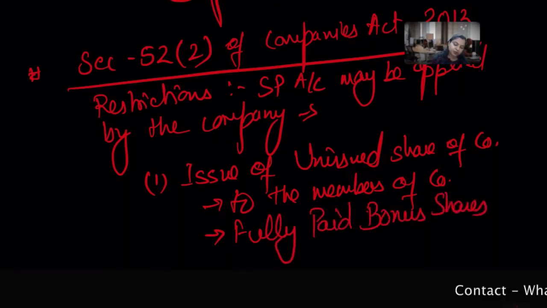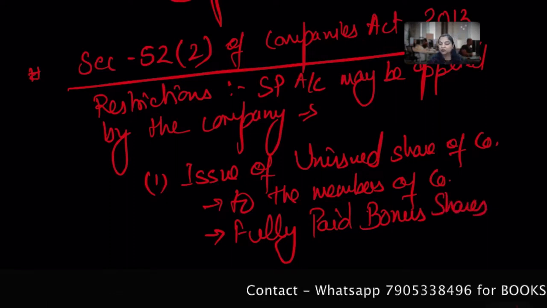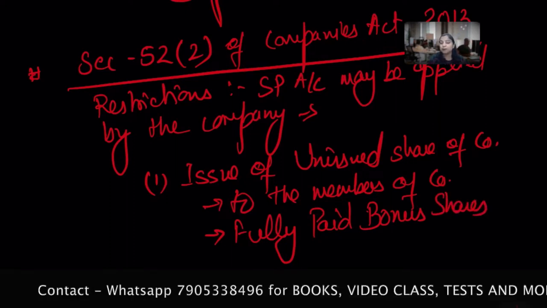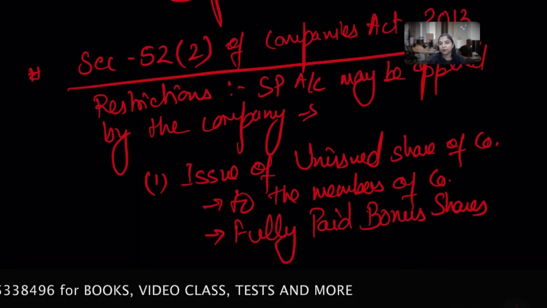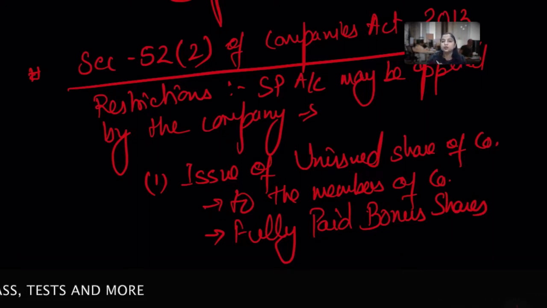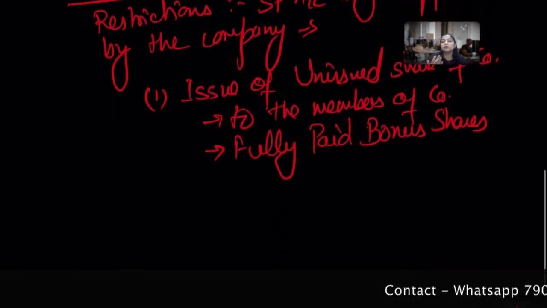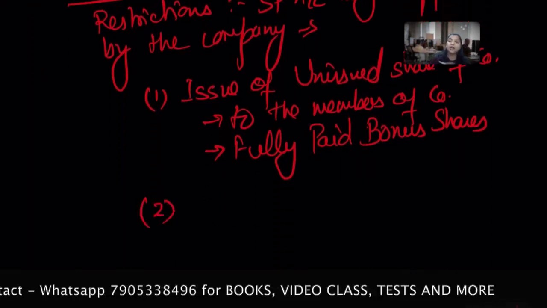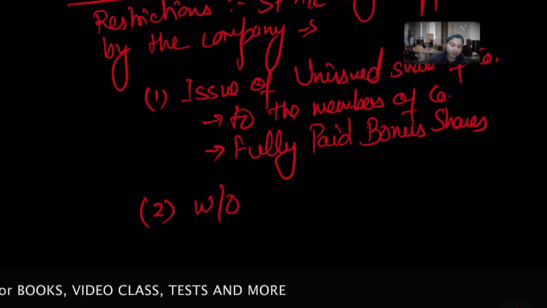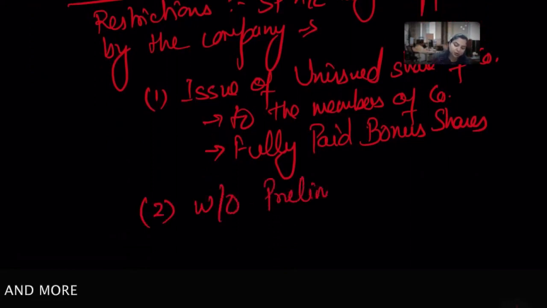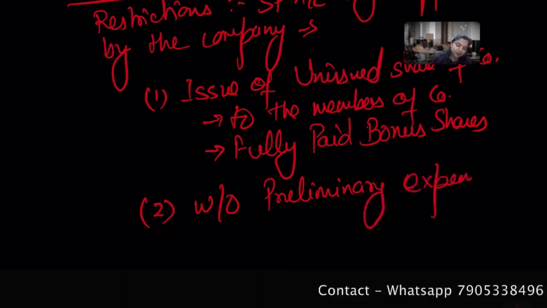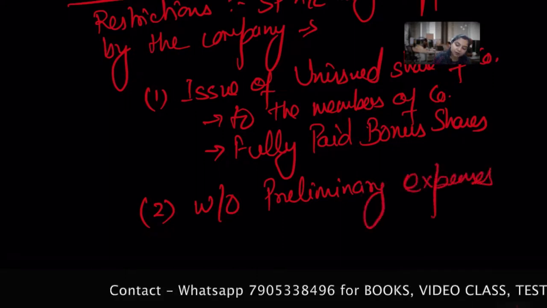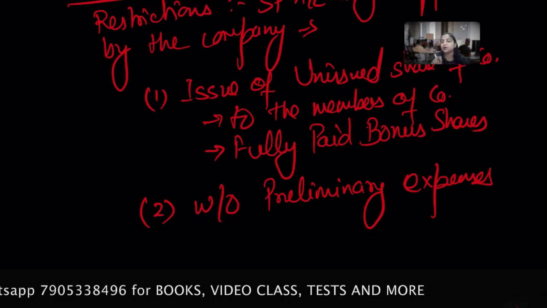So now you can see there is no restriction on the issue of shares at a premium, but there is on the use of securities premium. First, securities premium can be used to issue the unissued shares of the company to its members as fully paid bonus shares. Clear? Second, the securities premium can be used to write off preliminary expenses. I'm writing a shortcut, write off preliminary expenses. I am sharing this information just as extra knowledge.